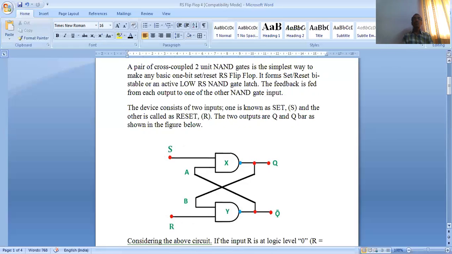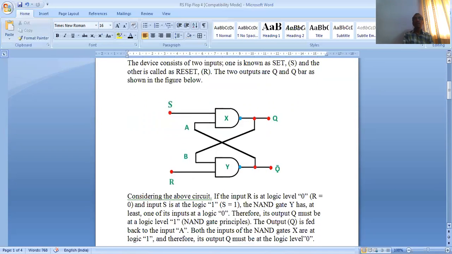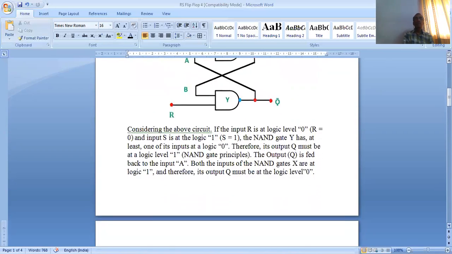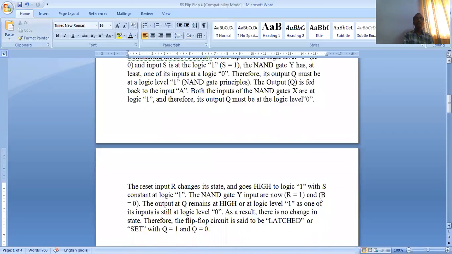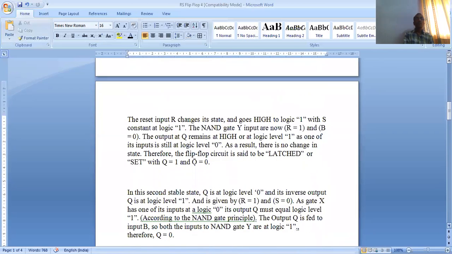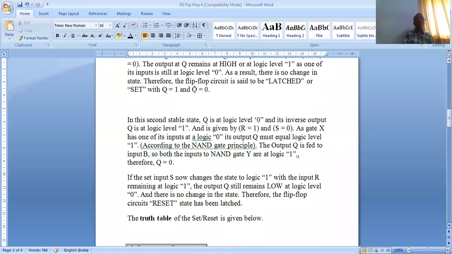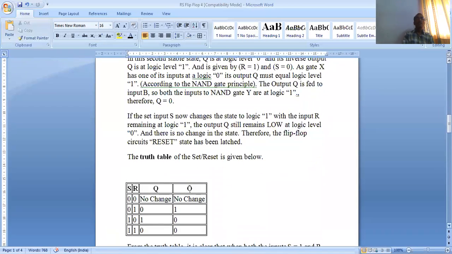This 0 is here in the truth table. And simultaneously we are going to see the effect on the RS flip-flop. Here, when S equal to 0, R equal to 1, Q equal to 0, Q bar equal to 1. See how it comes.